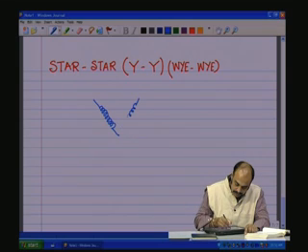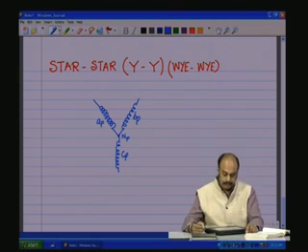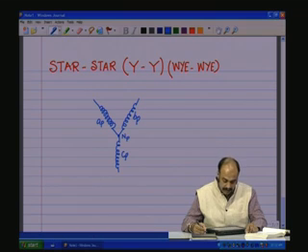All the primary coils, that is the AP, BP, CP, are all connected in star fashion, and it is connected to NP, the neutral point on the primary side.